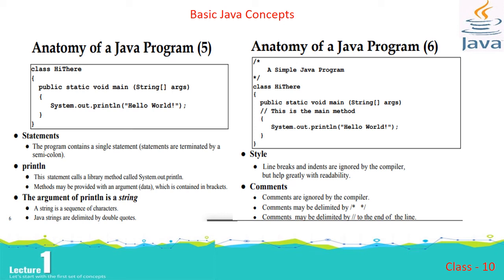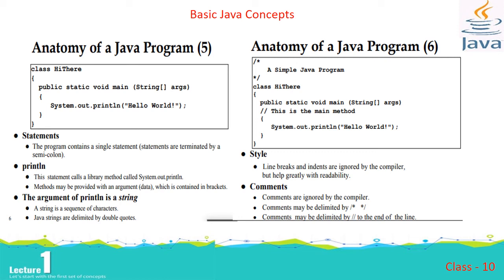The argument of the println is a string, in this case hello world. In Java, strings are delimited by double quotes. That means if we have to write a group of characters, we have to write them inside double quotes.